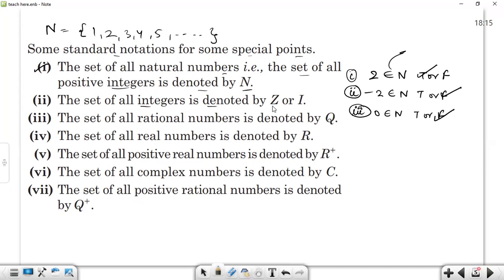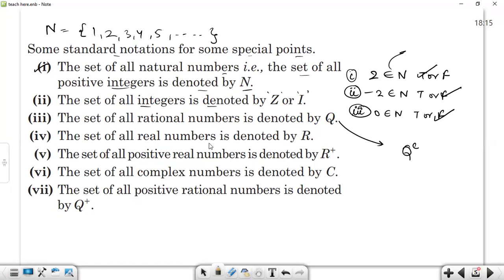Now let's discuss the next set. The set of all integers is denoted by Z or I. What is there to remember in these letters: N represents the set of all natural numbers, Z or I the set of all integers, Q the set of all rational numbers, and Q complement the set of all irrational numbers.